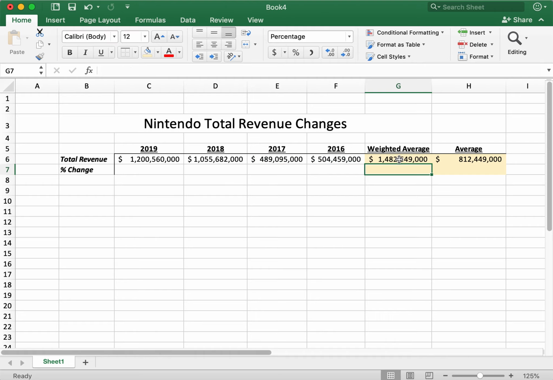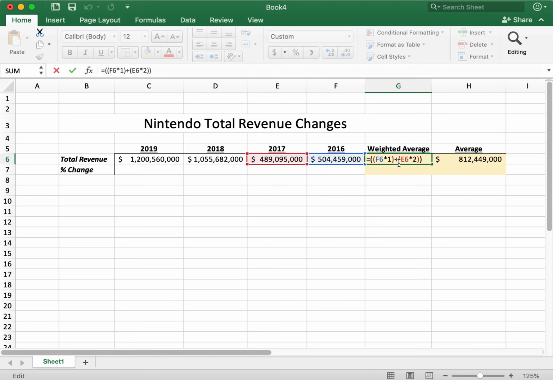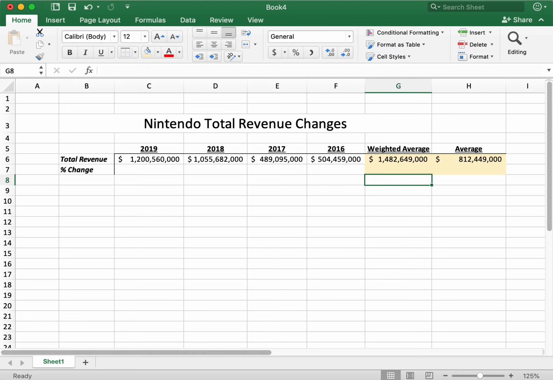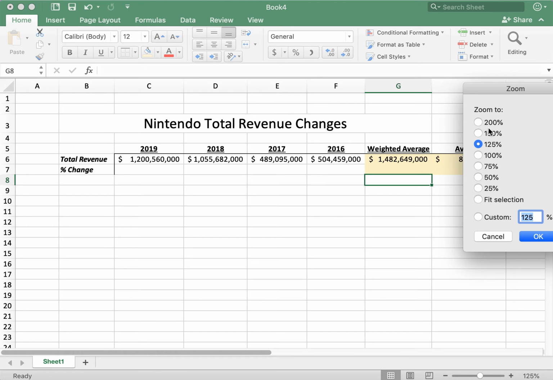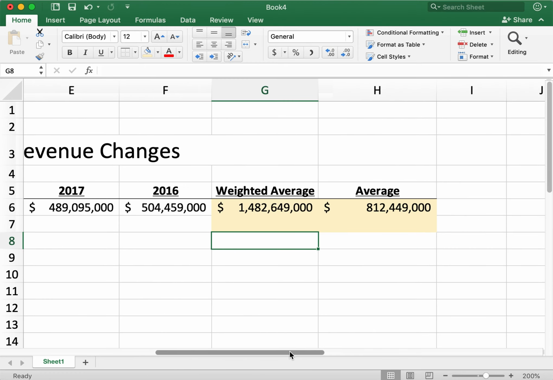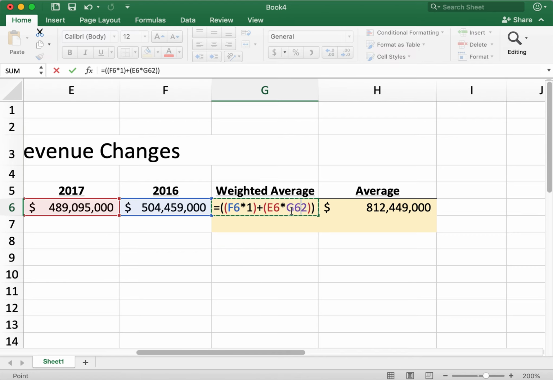let me zoom in here. Okay, let me zoom in first. 200, okay. If we zoom in here, double click. Didn't want to do that. You'll notice it has a black parentheses and a red parentheses.